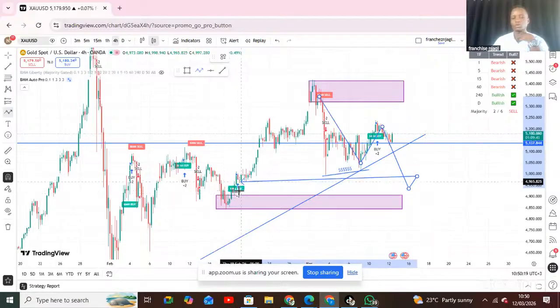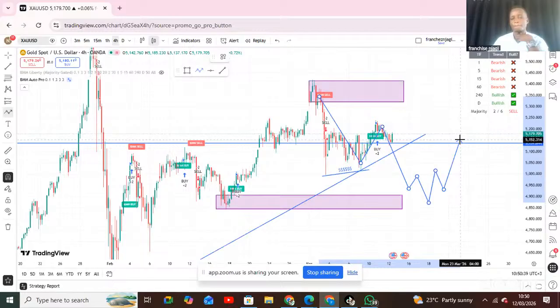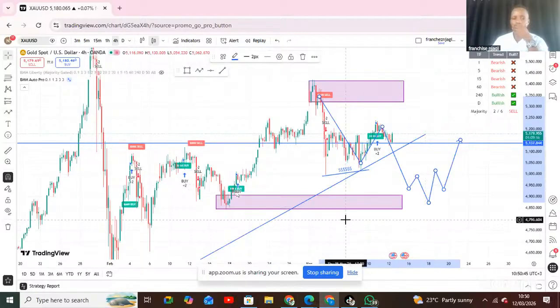Those who entered buys early will be taken out, and then it will tag this lower support zone, and then create an inverted head and shoulders. That's one possibility of buys.